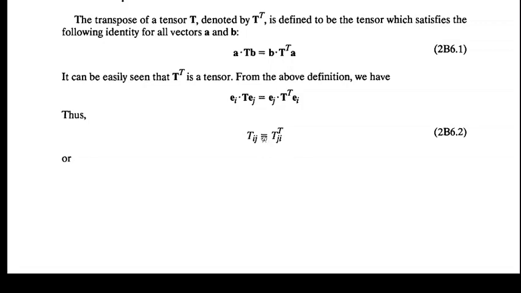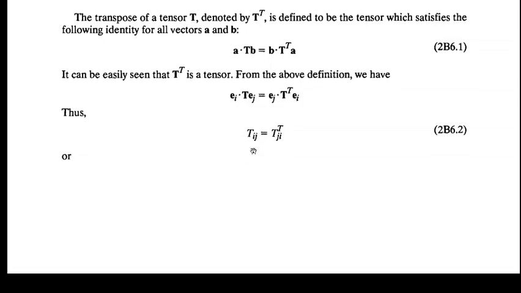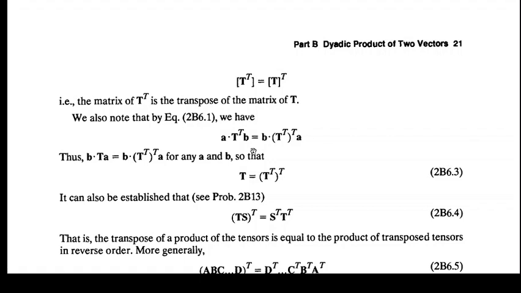With the help of this you can find the components of the transpose. The T11 component of the transpose will be T11, the T12 component of the transpose will be T21, and similarly the third, fourth, fifth. It means that the matrix of the transpose of a tensor will be equal to the transpose of that matrix.